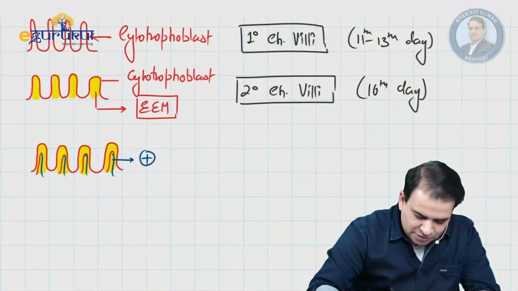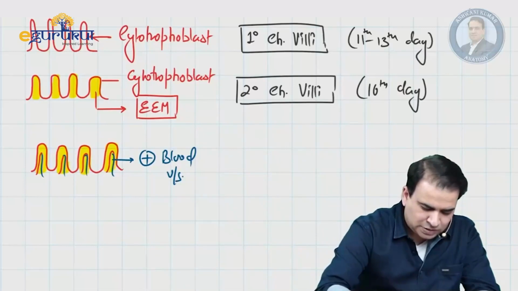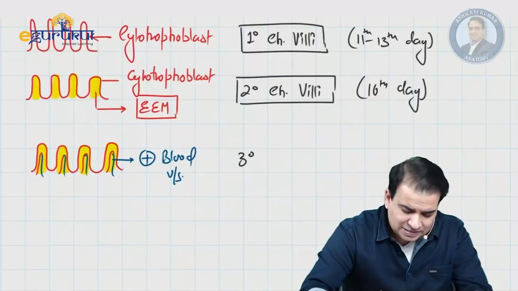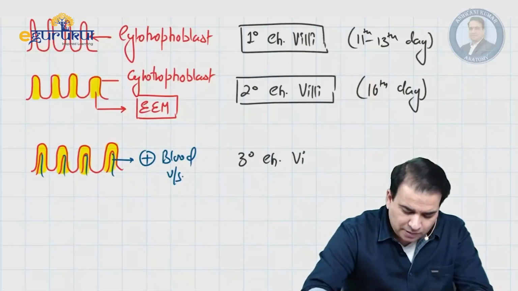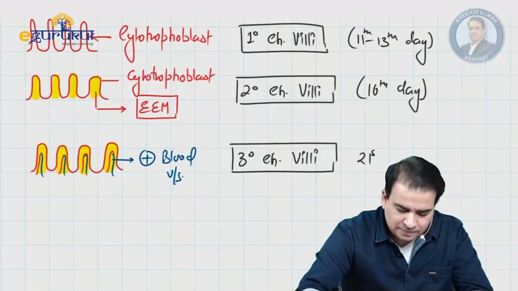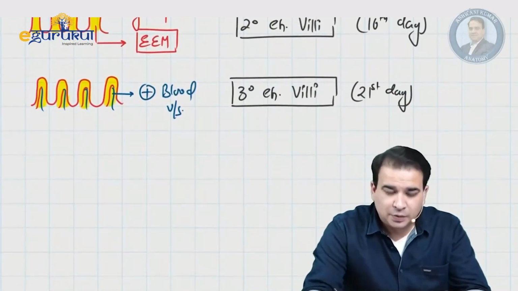So we have the additional thing that is the blood vessels. So cytotrophoblast along with the extra embryonic mesoderm, and now we have the blood vessels inside. That is the tertiary chorionic villi. By the end of third week, or you can say 21st day, majority of the tertiary chorionic villi come into the picture on the 21st day. That is the end of the third week.